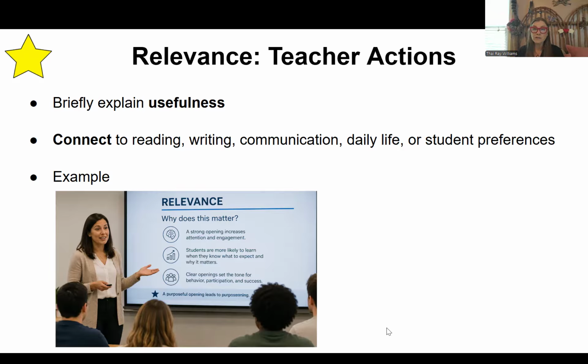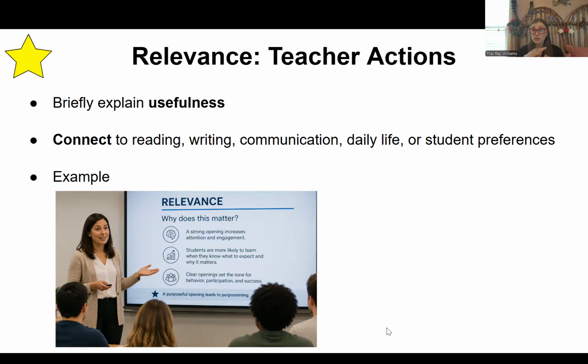So why is all of this explicit instruction opening important to you? Well, in order for you to be that highly effective teacher, you need really strong openings, because when you have a strong opening, it increases students' engagement and their attention. Not only that, students are more likely to learn when they know what to expect, because they're prepared ahead of time.